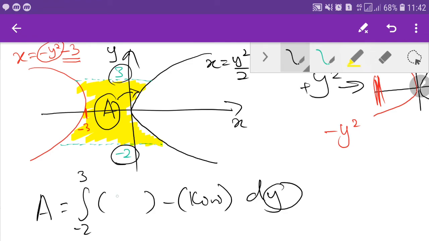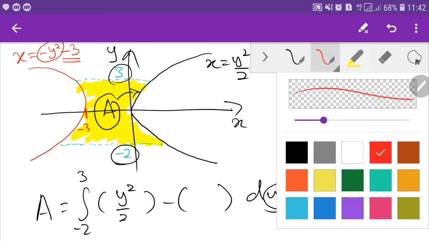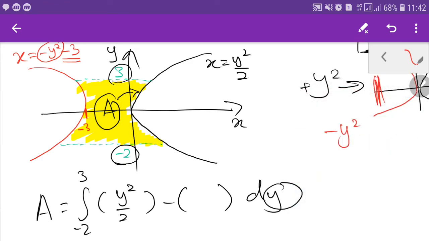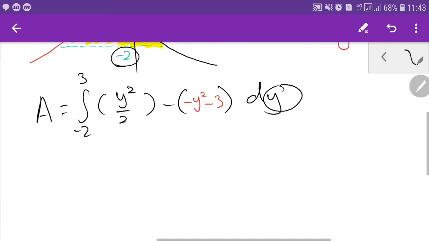So it's the black one, y squared over 2, while the kiri function, the function on the left of the area bounded, is minus y squared minus 3, the one we just sketched before. So all are in terms of y, and the limits are all y values, so we are good to go.